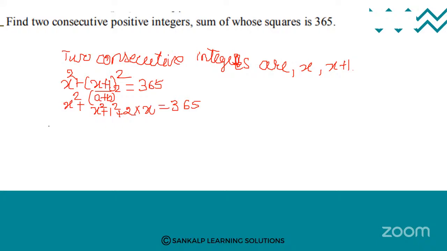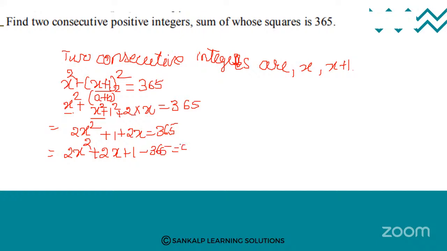Now, x square plus x square is 2x square. How many x square are there? So 2x square plus 1 square is 1 plus 2x is equal to 365. Now, transfer this 365 to this side. You will get 2x square plus 2x plus 1 minus 365 is equal to 0.